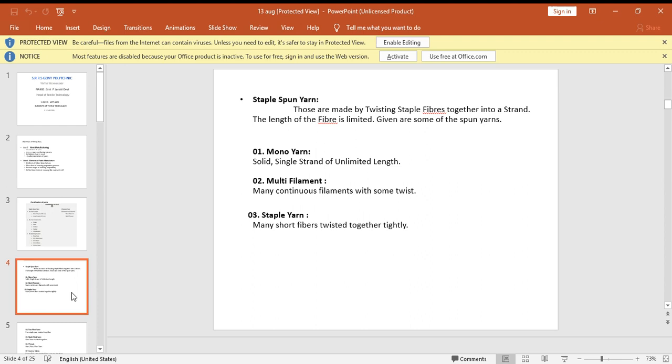Monofilament, or mono yarn, is a single, solid, single strand of unlimited length. Multifilament is many continuous filaments with some twist. The staple yarn is many short fibers twisted together tightly.